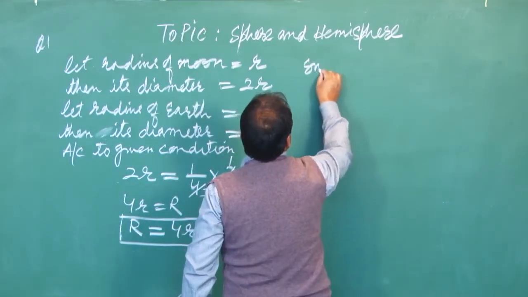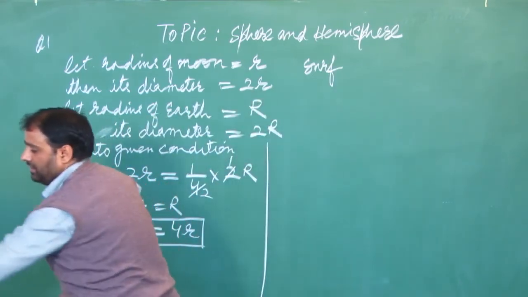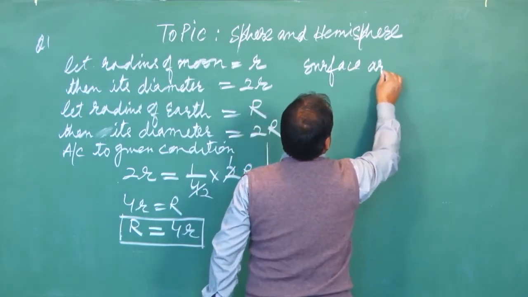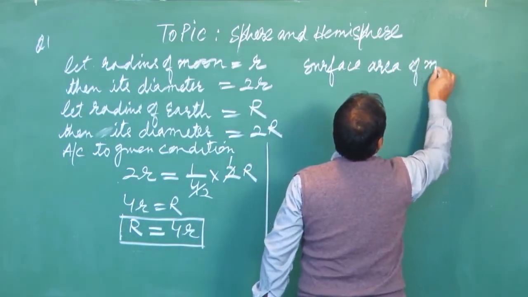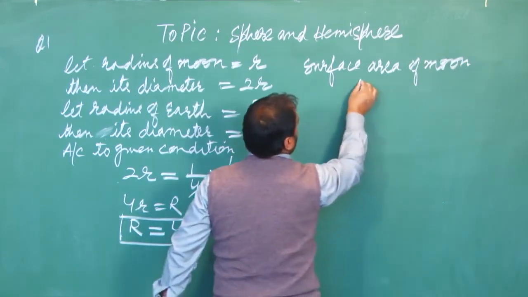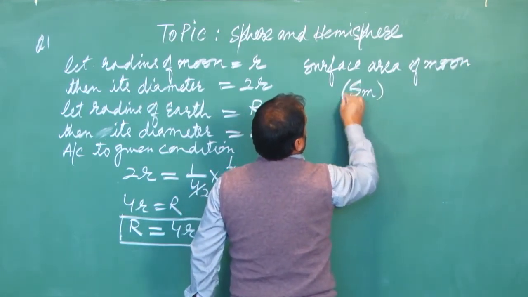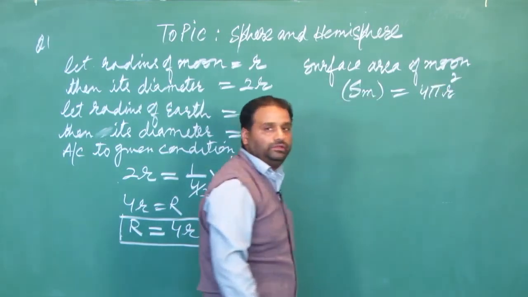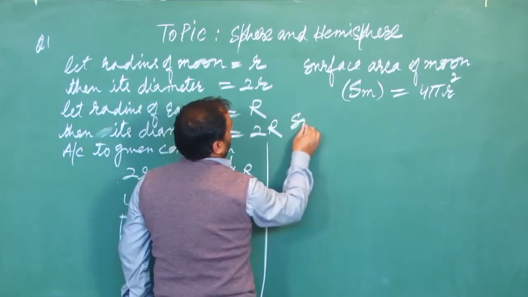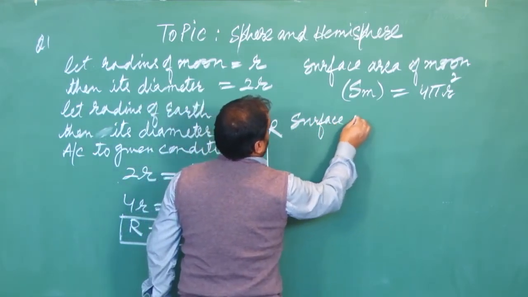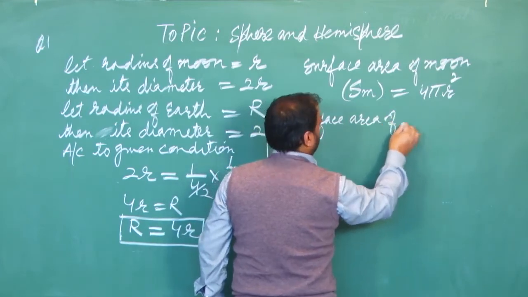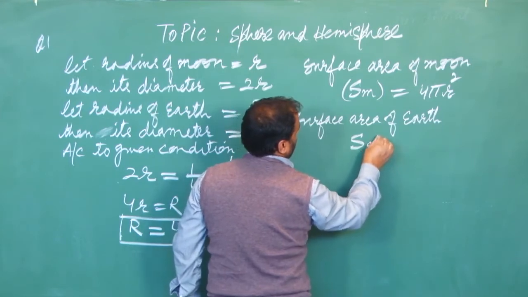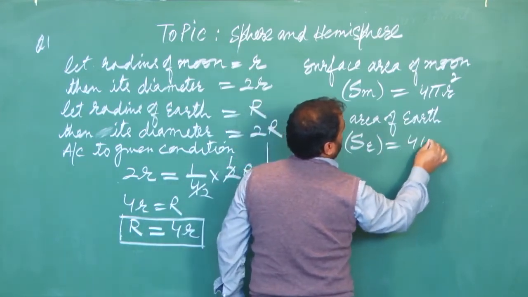Now we need surface area of moon. Let me denote surface area of moon by Sm, and this is equal to 4 pi small r square. And then the surface area of earth is 4 pi capital R square.